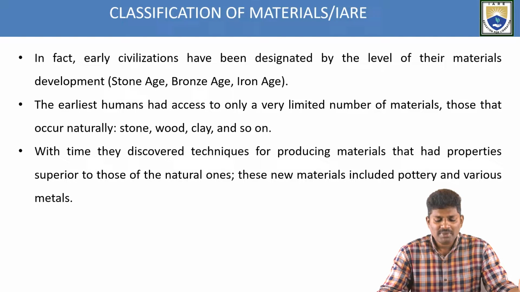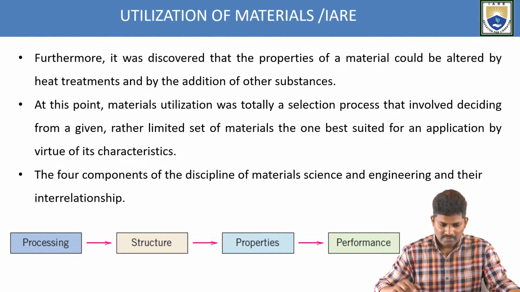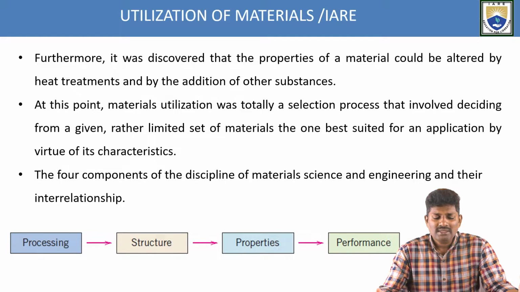Later, because of development in technology, there was slowly a development in materials also. New types of materials came, depending upon your applications, including pottery and various metals. A lot of research is going on since there is a lot of technology development, so based upon the technology we have to improve the materials also.